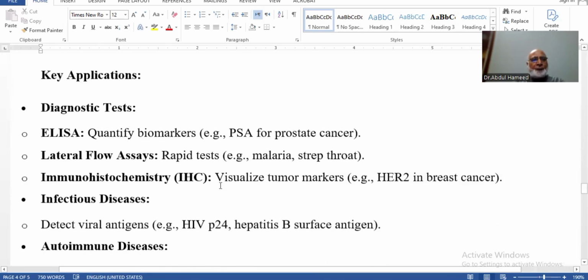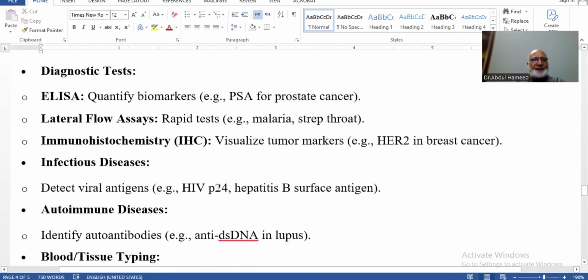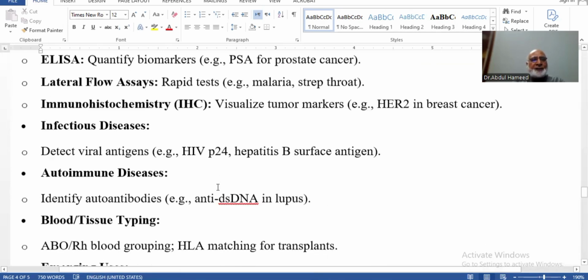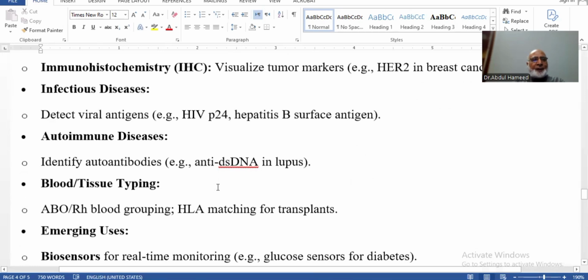So lateral flow assays, rapid tests, for example malaria test or some other tests. Histocompatibility, visualizing tumor markers; infectious diseases, detecting viral antigens; autoimmune diseases; and then blood testing or tissue typing, ABO or Rh blood grouping, HLA matching for transplants.